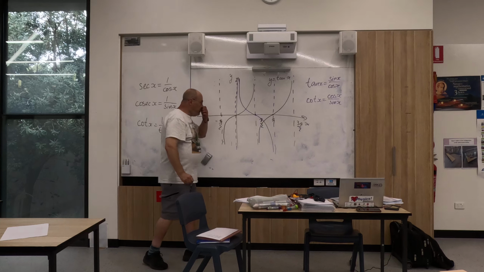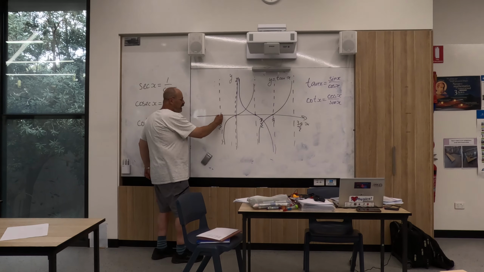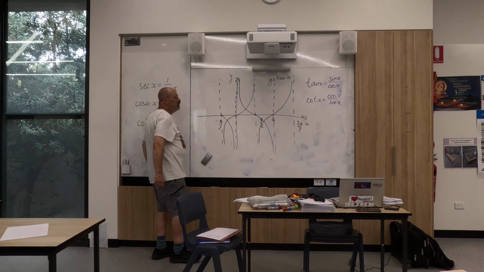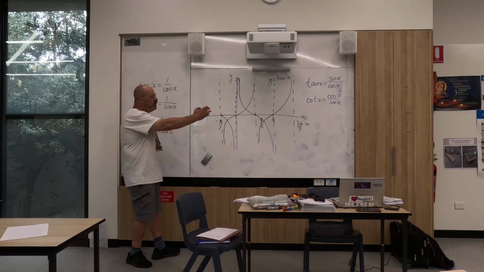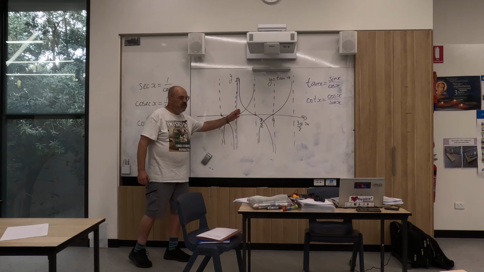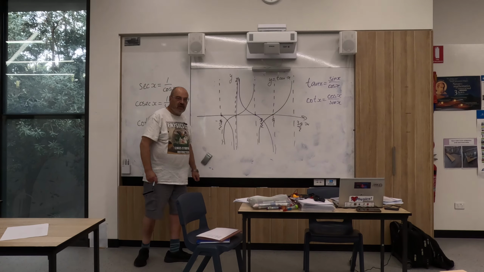So that will be cotangent x. Here again, it will start from 0 and go like this. So it's like tan reflected in the y-axis and then translated, or reflected in the x-axis and translated by pi on 2. So that is the graph of cotangent x. Make sense?